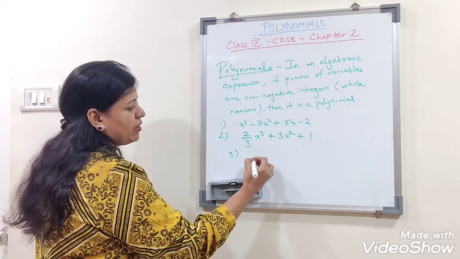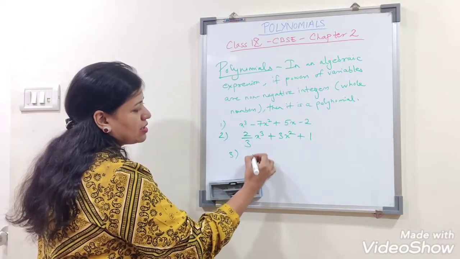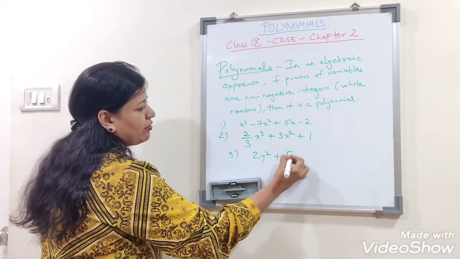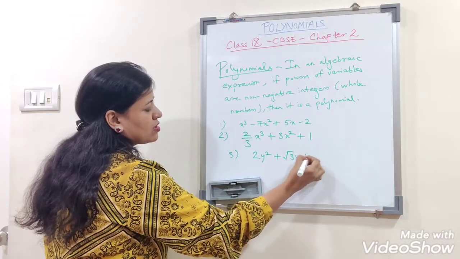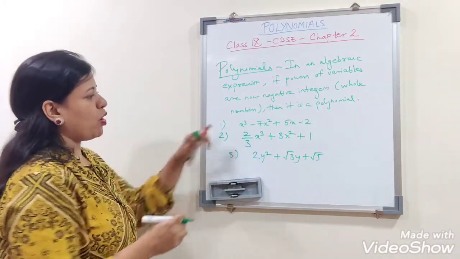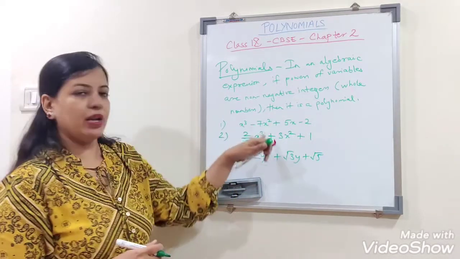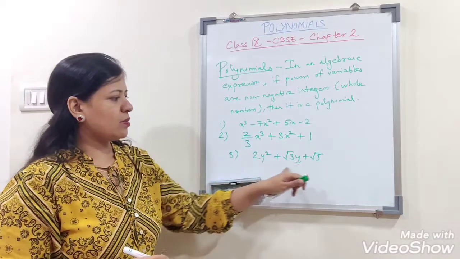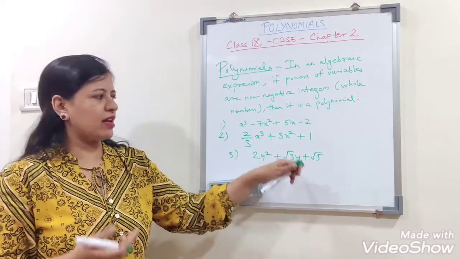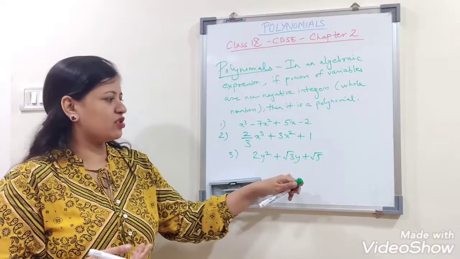And say for example, if I have a term like say 2y squared plus root 3y plus root 5. Now these two expressions, they were polynomials in which variable? Variable x. And this is a polynomial in variable y. We can take up random variables like x, y, z, a, b, c, etc.